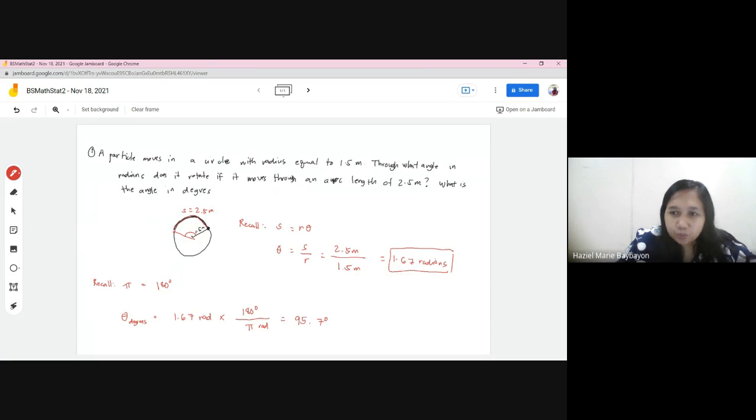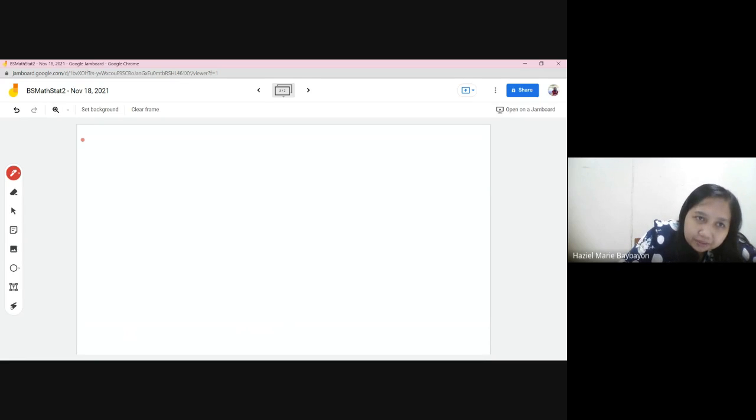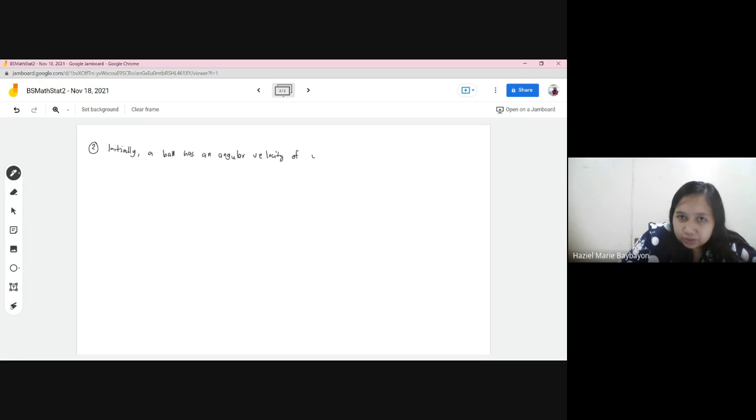And then for our second problem, we have this. So initially a ball has an angular velocity. We are given the initial angular velocity of the ball, which is equal to 5 radians per second. And then it is rotating counterclockwise.